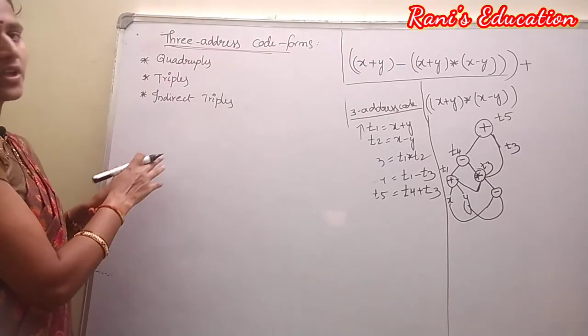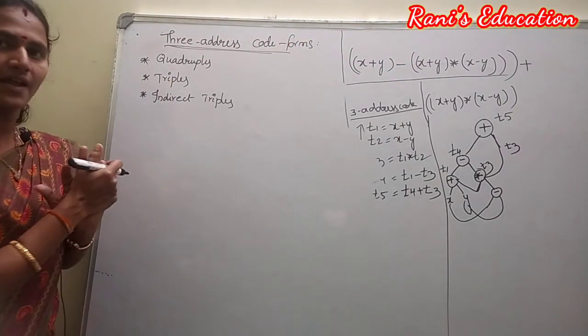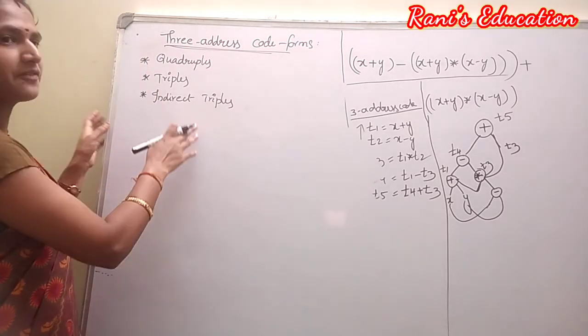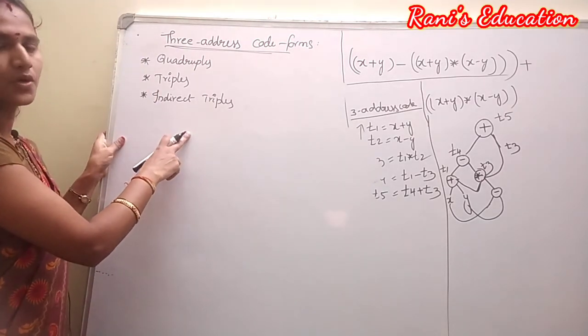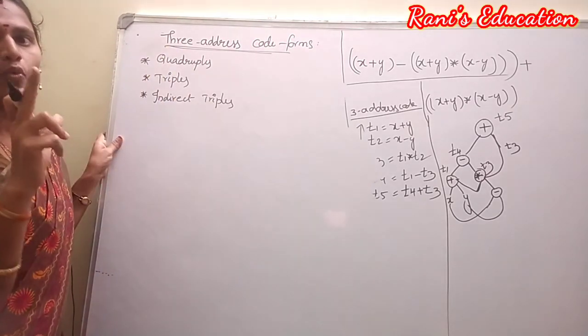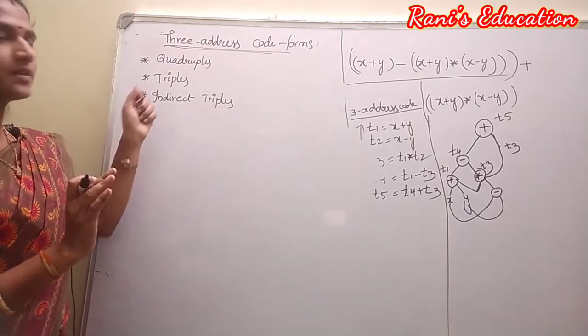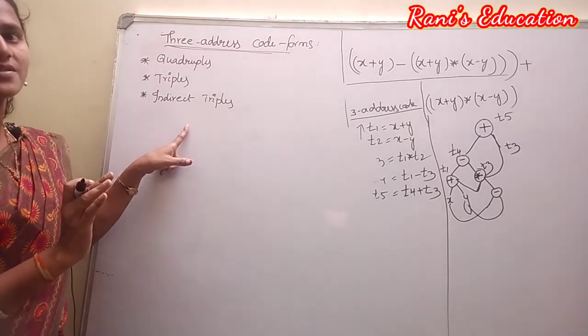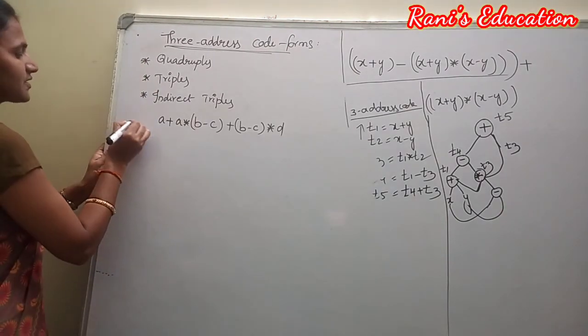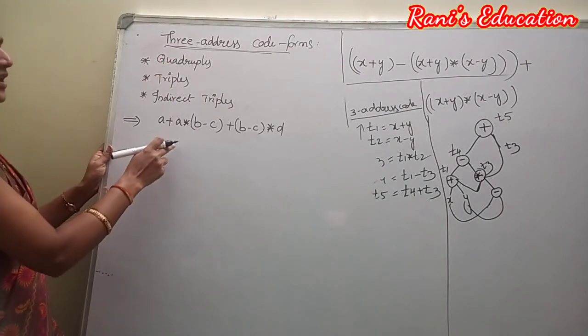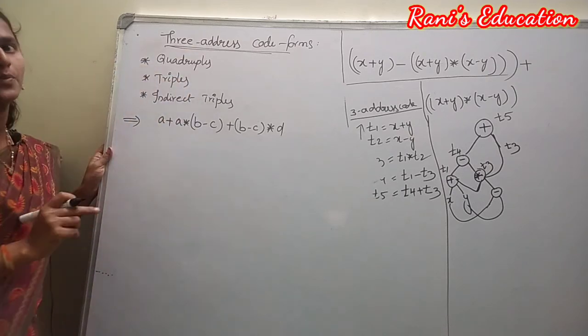Now how are we going to define quadruples, triples and indirect triples? The input for all these 3 forms is 3 address code. This is the expression I am going to consider for defining 3 address code in these 3 forms.